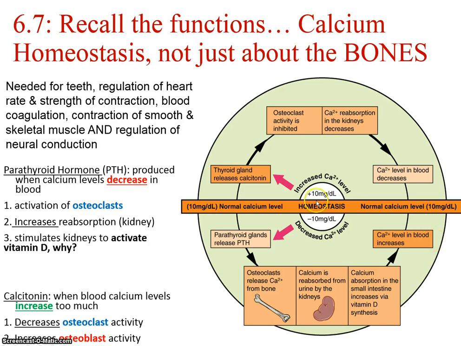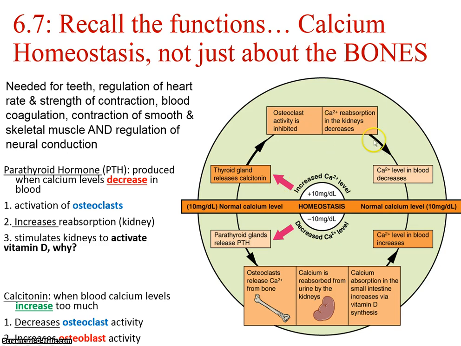Now what goes down comes up. If you had more calcium in your blood than you should, more than 10 milligrams per deciliter, then you wouldn't be making parathyroid hormone. The thyroid gland would be making calcitonin. Calcitonin should have an opposite effect, and it does. Osteoclast activity is inhibited, so no more bone absorption and no more calcium release into the blood, because remember, the problem is you have too much already.